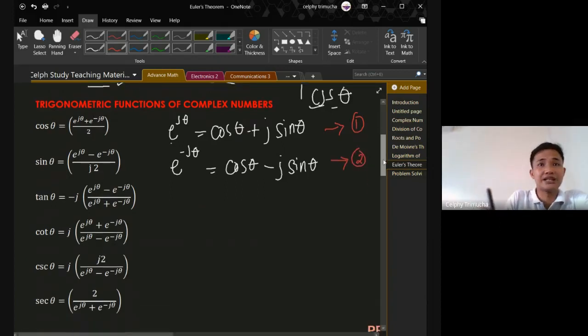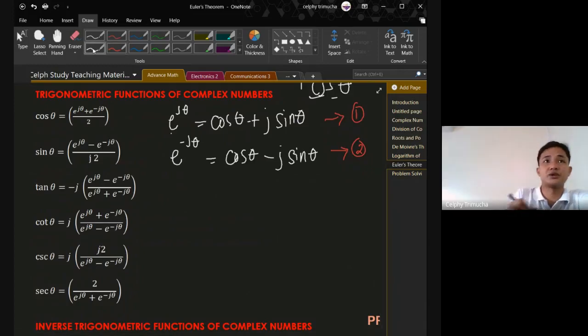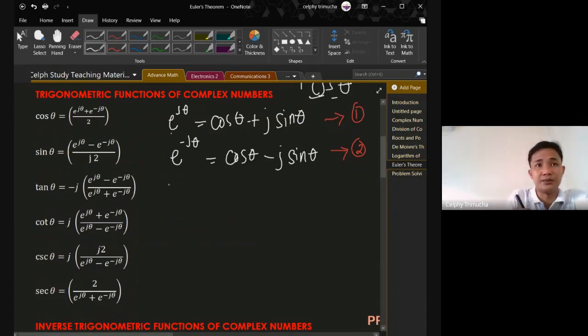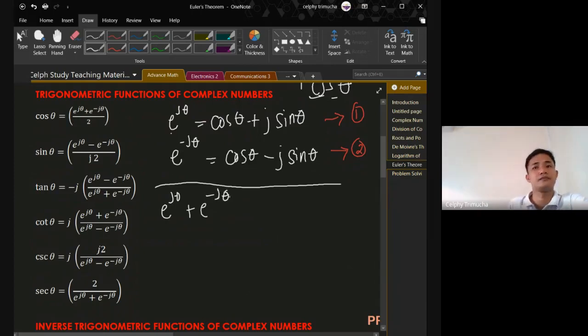If we add equation 1 and equation 2, we get e raised to j theta plus e raised to negative j theta is equal to, since positive and negative cancel, cosine theta plus cosine theta, which is 2 cosine theta.